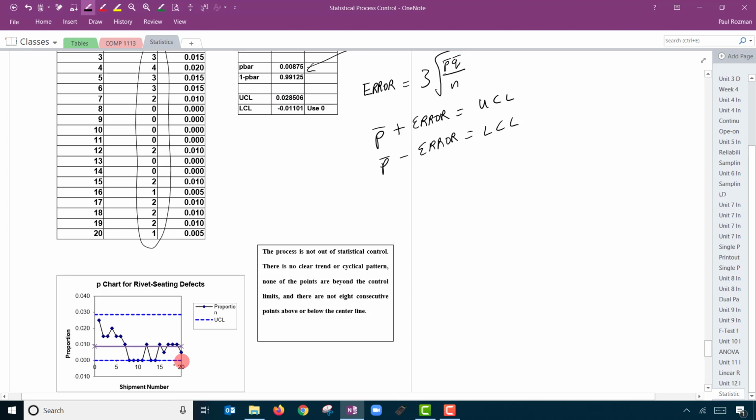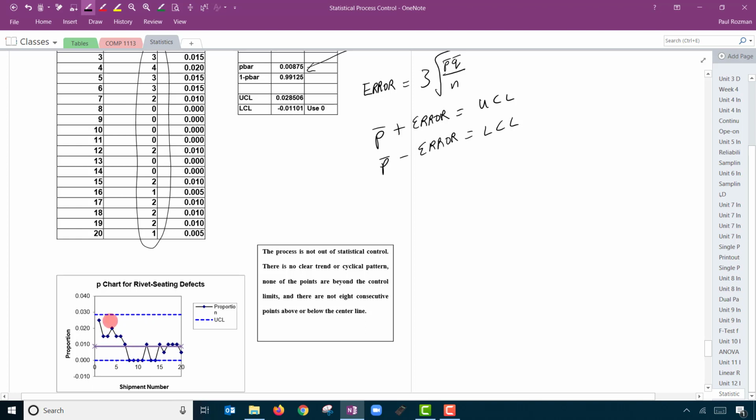Now we have to look at this one, and it looks a little weird, but remember, you only have 20 values. So saying something is not random is pretty rough with such a small data set. We started out kind of high, and the values, did we have 8 in a row? 1, 2, 3, 4, 5, 6, 7, and then it dropped.